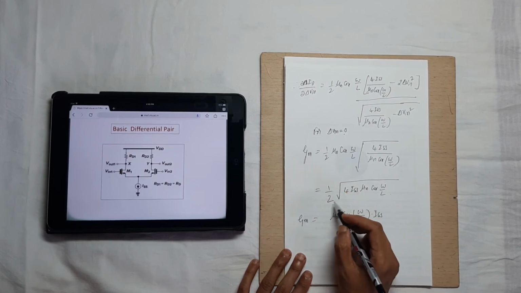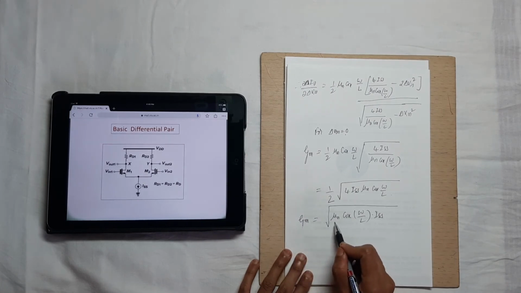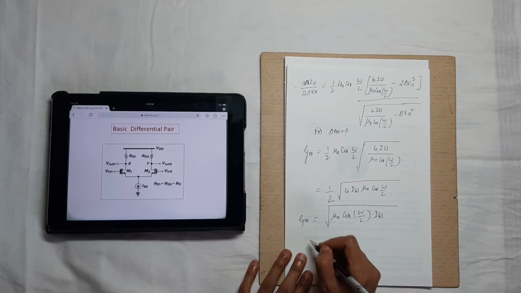This 2 if you take outside, this will cancel out and we get GM as square root of mu n Cox W by L into ISS.